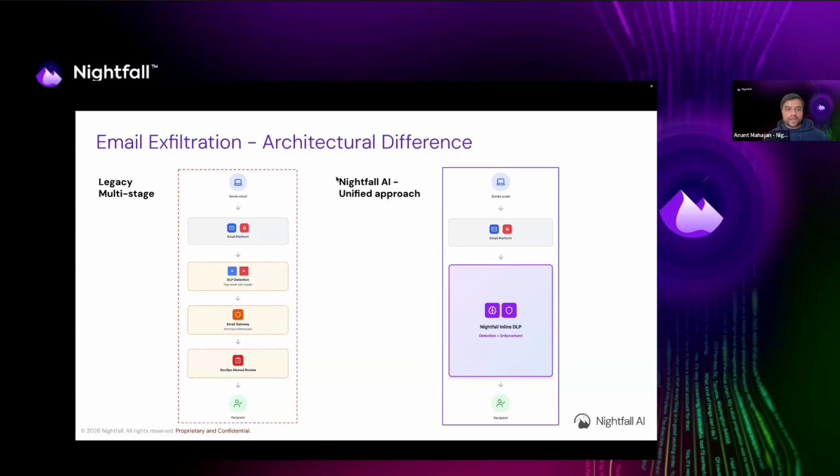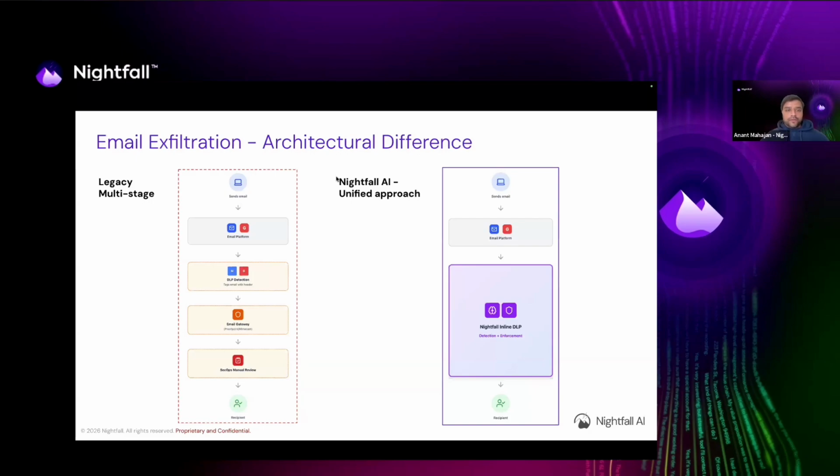Purview adds a header anytime that email is scanned, and then that email is routed via a gateway, typically Proofpoint, Mimecast, or some similar vendors. And then that gateway is enforcing the remediation action of whether it needs to be blocked, quarantined, and so forth.